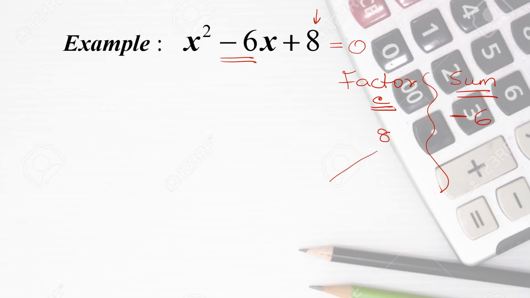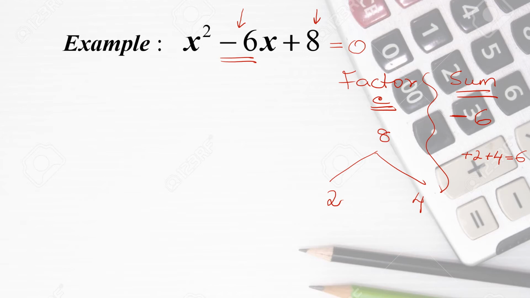So think of two numbers which give you 8 when you multiply. You all know that 2 times 4 will give me 8. If I add plus 2 plus 4, it gives me plus 6, but my required term is negative 6, or you can say my required coefficient is negative 6.